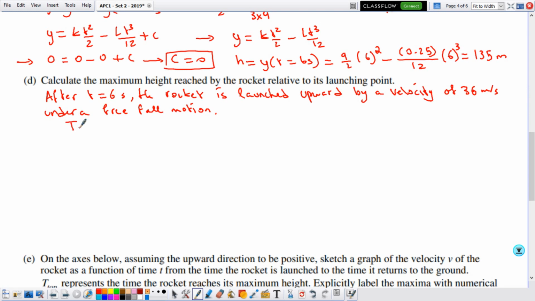For this reason, I'm going to reset my PE level, taking the PE level to be the position at t equals 6 seconds. And why are we allowed to use conservation of energy?